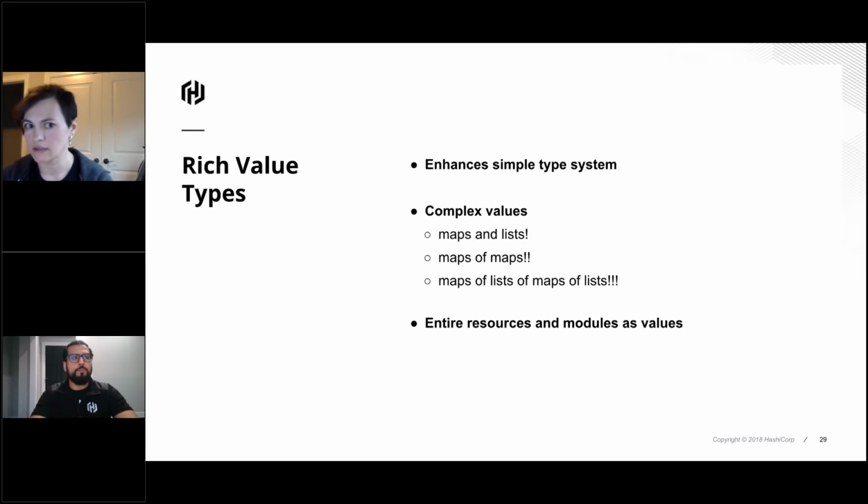So while HCL has supported lists and maps since Terraform 0.7, HCL2 provides a rich type system that supports complex values, things like maps of lists and lists of maps. You can define your types explicitly, and you can also use entire resources and modules as values to pass around. So let's take a look at what that looks like.